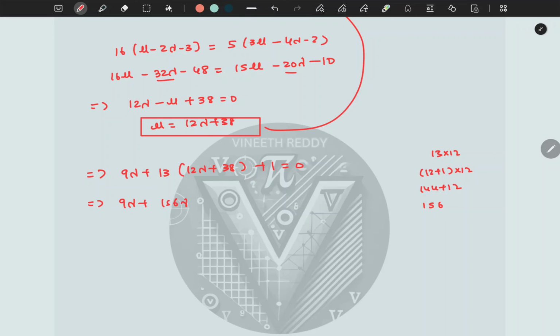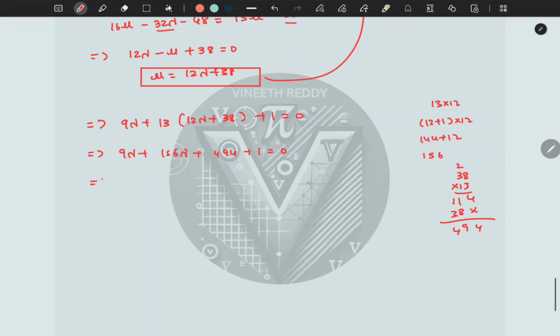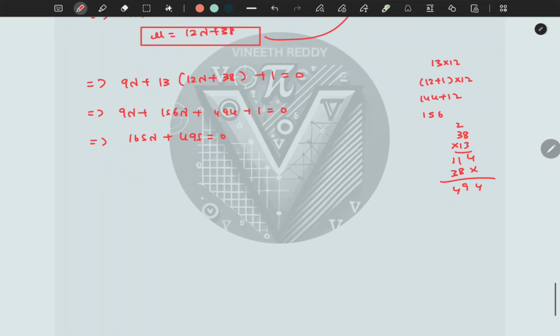So this should be 156 lambda plus how much is 38 into 13. Let me quickly find out. It should be, I think, 494 plus 1 equals 0. So we have 156 plus 9 should be 165 lambda plus 495 equals 0.